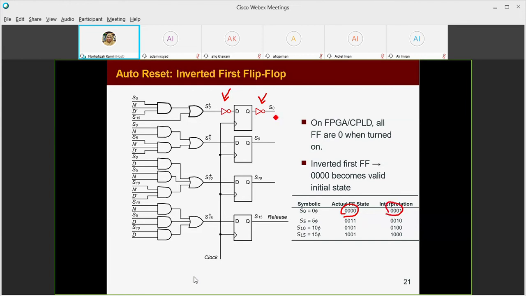That's why you put an inverter in your design. This will be 0, but with the inverter you will start from 1, 0, 0, 0. This ensures that the state 0, 0, 0, 0 will never occur. Instead of 0, 0, 0, 0, it will give you 0, 0, 0, 1. This is another way, and for your digital lab, you can do this one as well.